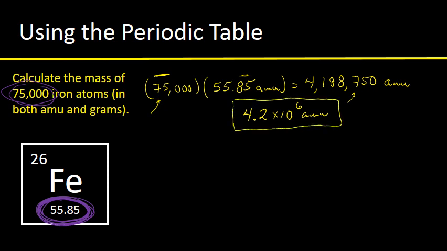But 4.2 million AMU. Now, for this one, we also want to calculate the result in grams, right? So we have to go back and remember that relationship between grams and AMU. And remember that relationship is given by Avogadro's number.